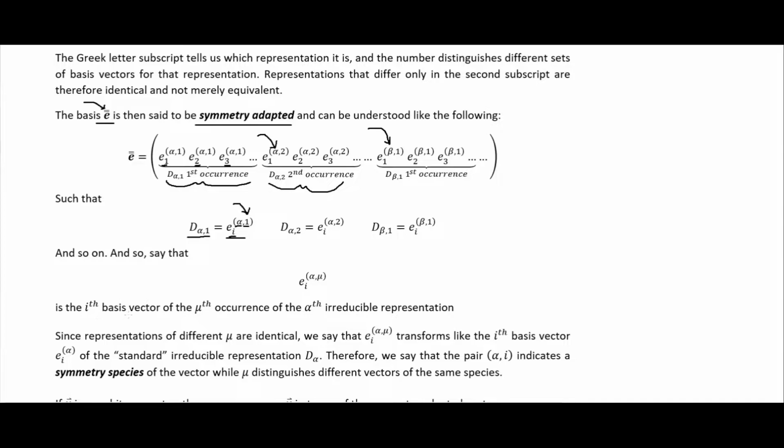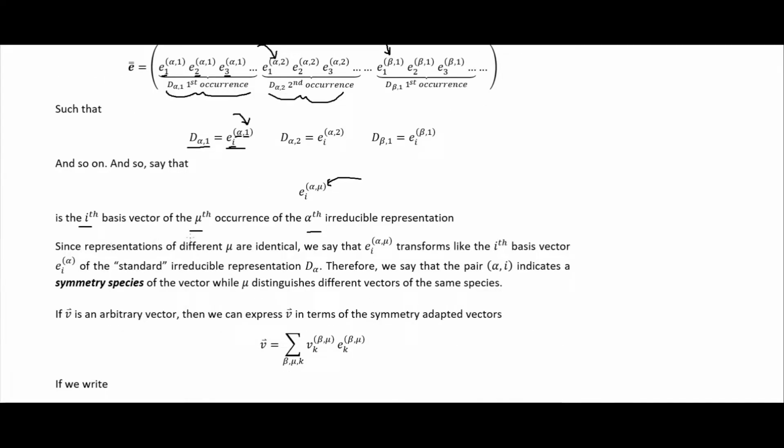So we say that this is the ith basis vector of the muth occurrence of the alpha irreducible representation. Since representations of different mu's, the different occurrences, are identical, we say that this E sub I alpha mu transforms like the ith basis vector of some standard irreducible representation.